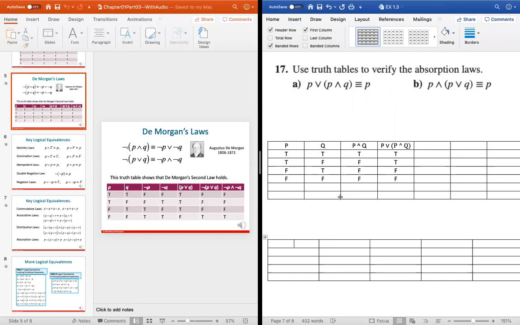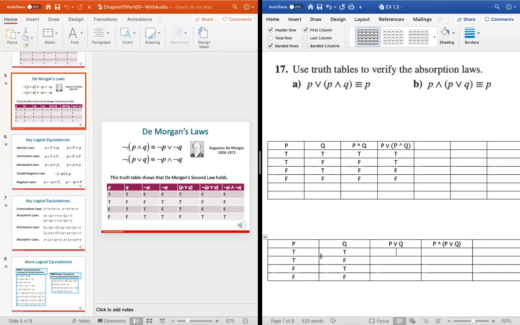We have P, Q, P or Q, and then we have P and P or Q. That's true, true, false, false for P, and Q is true, false, true, false.